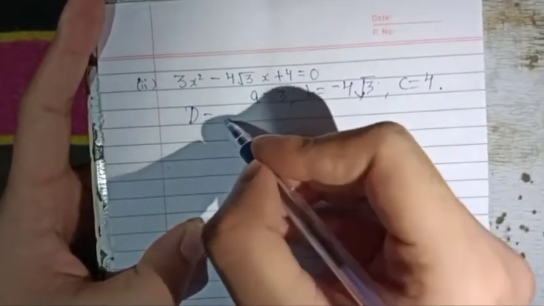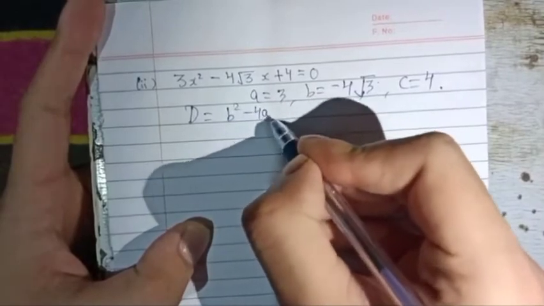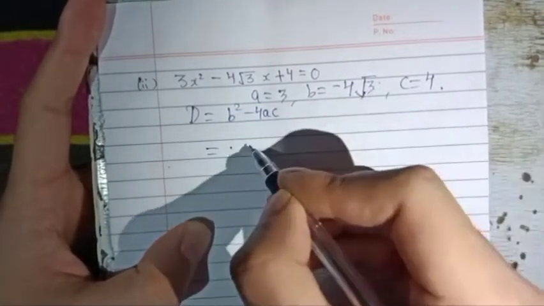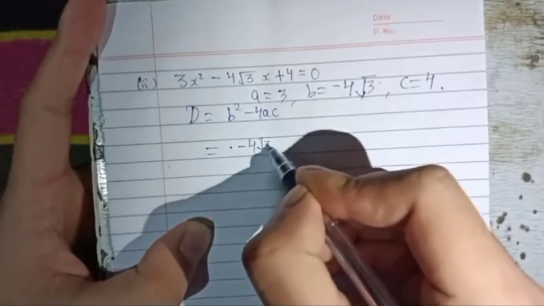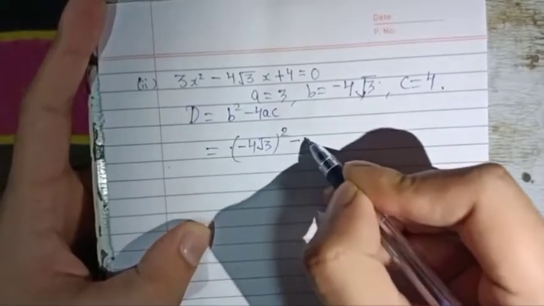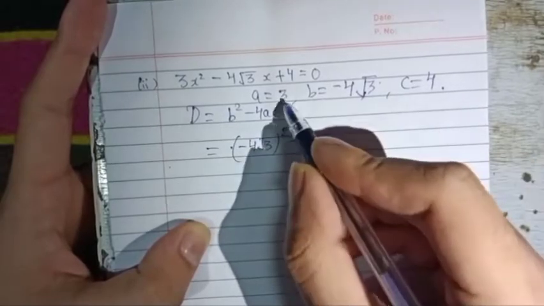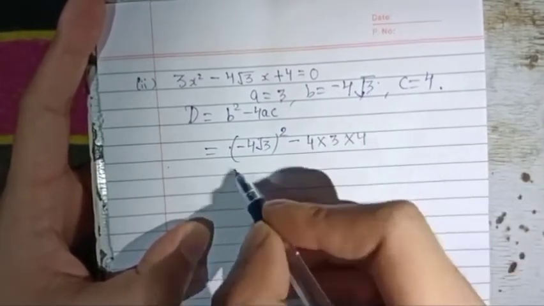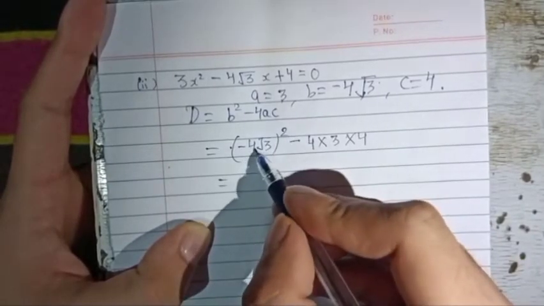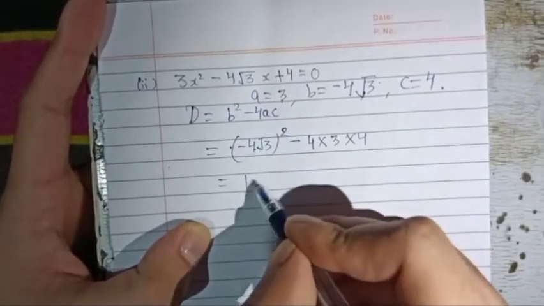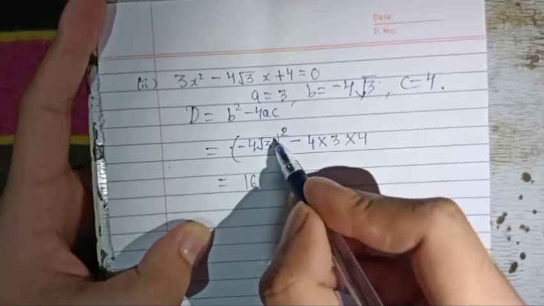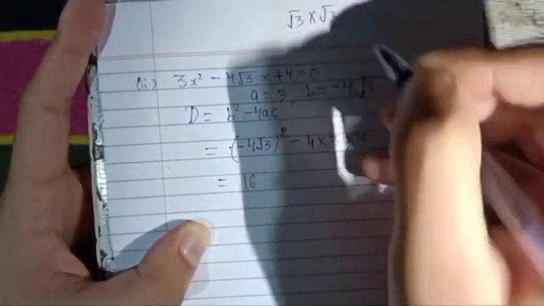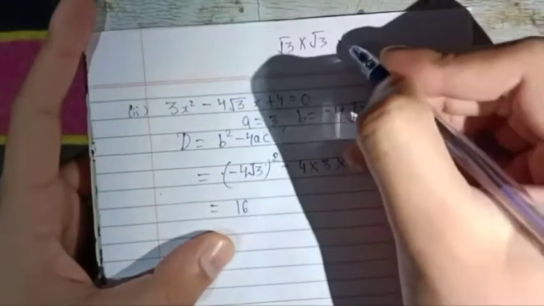Now we will put the values in the formula b square minus 4ac, that means minus 4 root 3 whole square minus 4 multiply with 3 and 4. First of all, square of 4 is 16, and when we multiply root 3 into root 3, we will get 3.